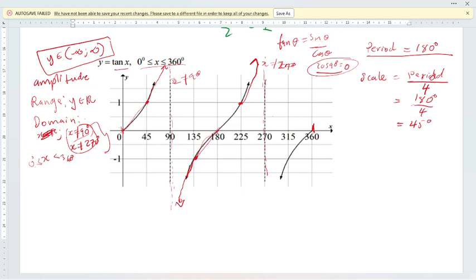What is the equation of the asymptote? Equations of asymptotes.